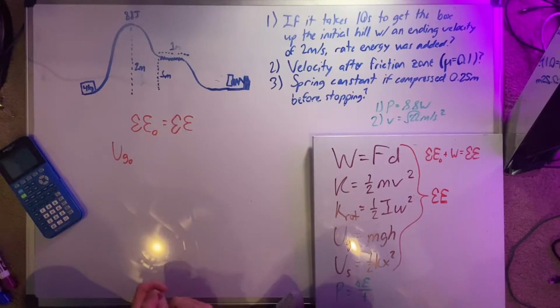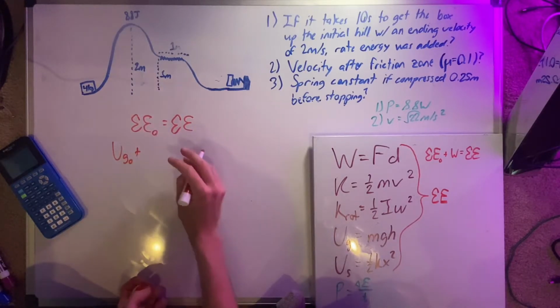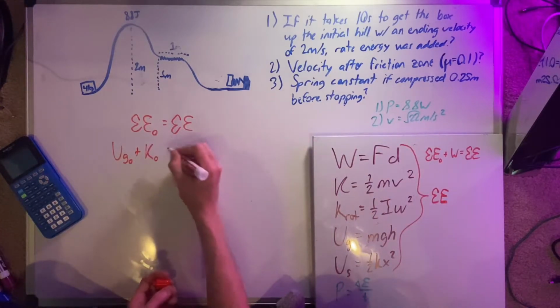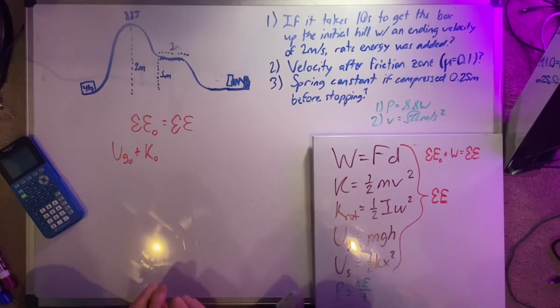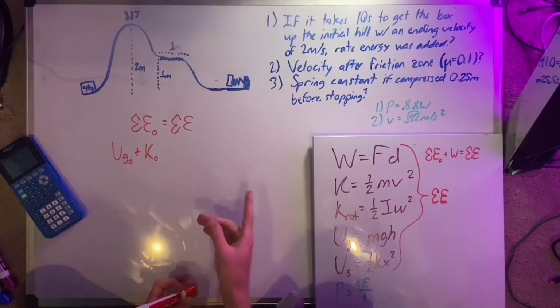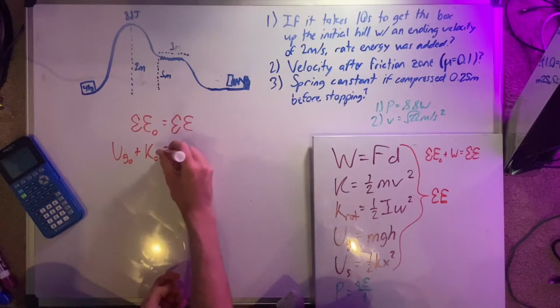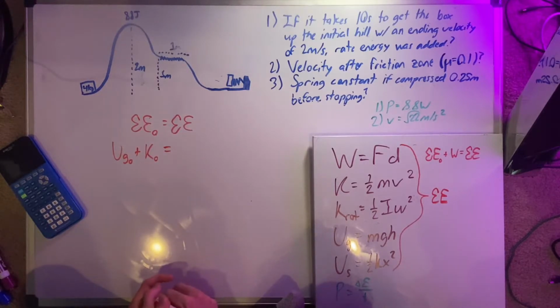Because we have a velocity at this point, we literally just solved for it, we have a kinetic energy at this point. And we have nothing else. There's no rotation and there's no spring yet. So at this point, that's all we have, equal to the sum of energies there.